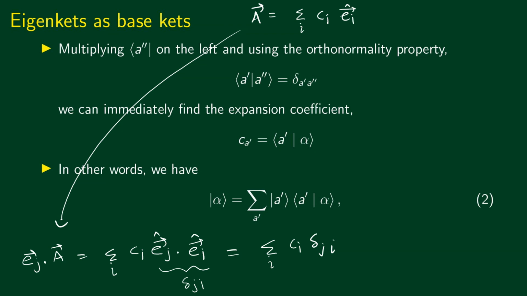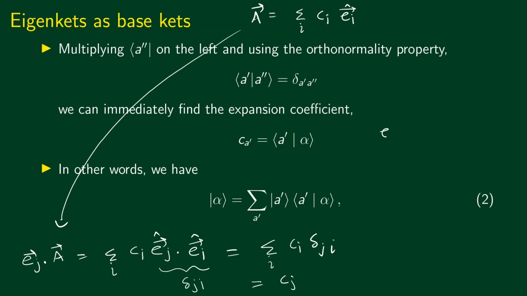In this whole summation, you actually have to take all possible values of i equal to 1 to 3. But in this summation, there's only one term surviving because every other term is killed by this delta ji. The only term surviving corresponds to j equal to i. So when you carry out this summation, every other term will be 0 except for the term where i is equal to j. So this is simply Cj.